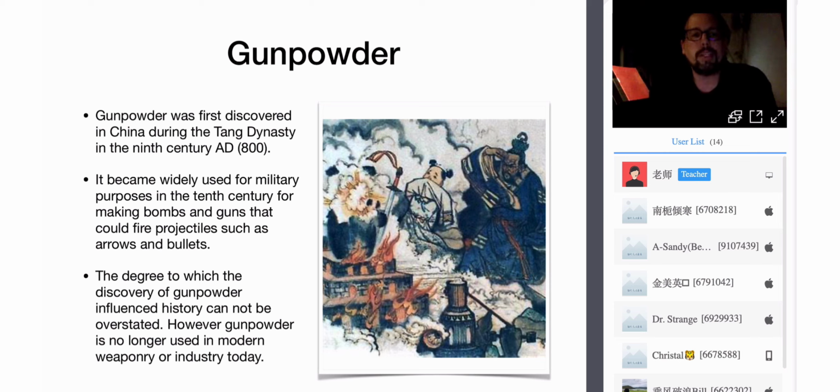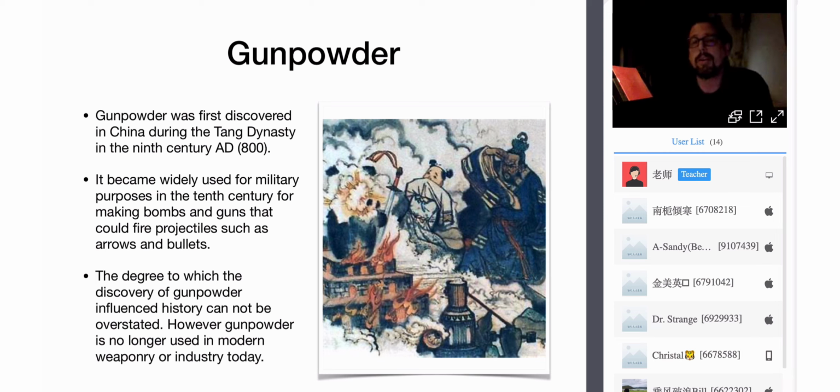The degree to which the discovery of gunpowder influenced history cannot be overstated. This is what gave nations, people, power, imperial power over each other. And this was a real driver for technology. Defense. How do we defend ourselves from invading enemies? That is the motivation behind the many, many technologies that we take for granted, from the internet to the steam engine, on and on and on, right?